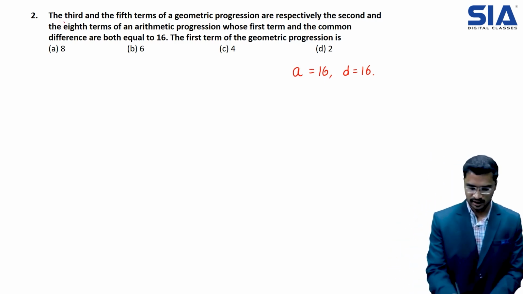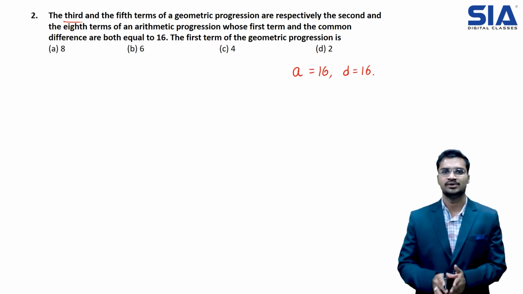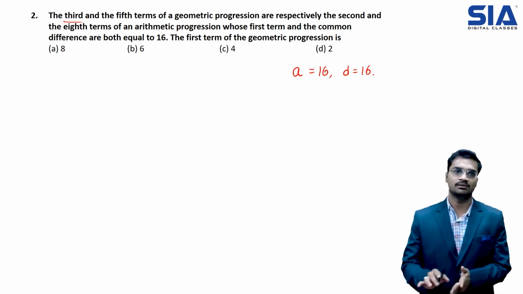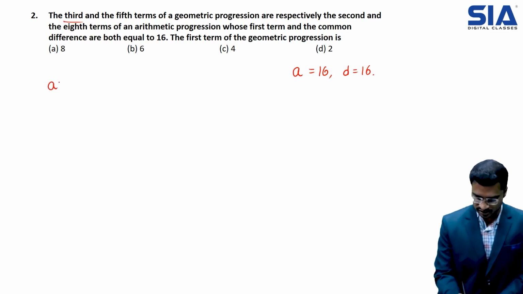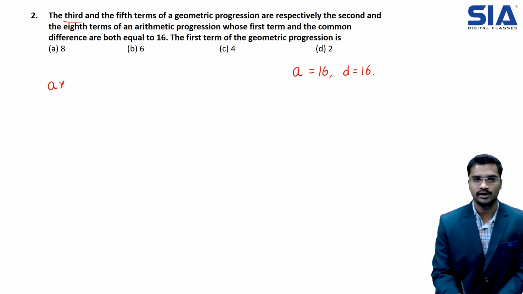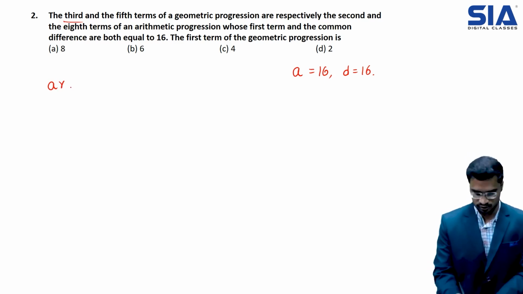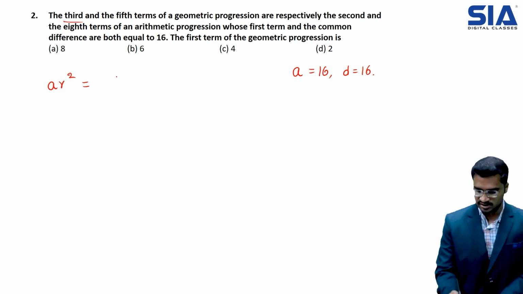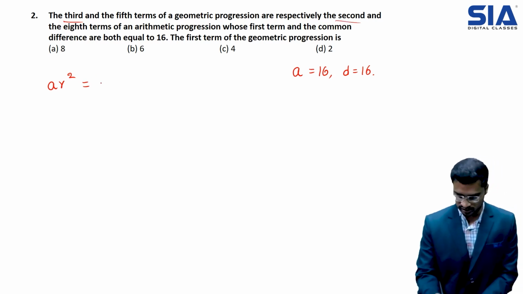So let us write the statements in equation form. Here he is saying that the third term in the geometric progression is nothing but the second term of the arithmetic progression. The third term in a geometric progression is a into r to the power of n minus 1, where n is 3. 3 minus 1 is 2. So a r square is equal to the second term of the arithmetic progression, which is a plus d.